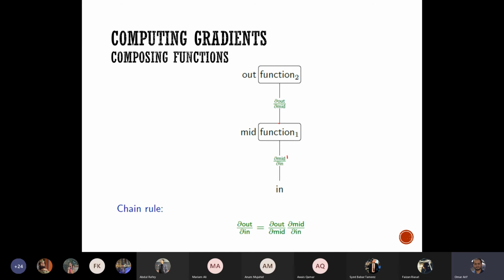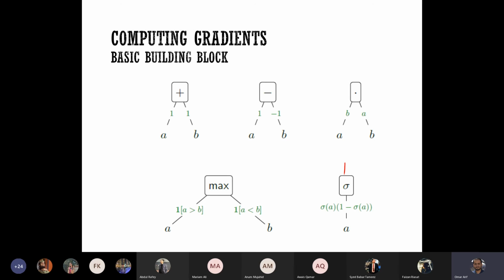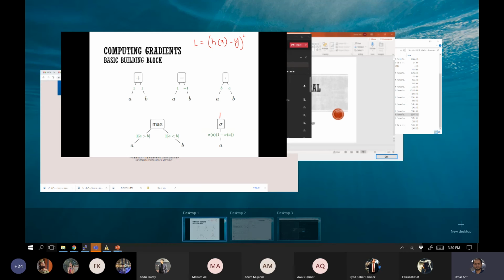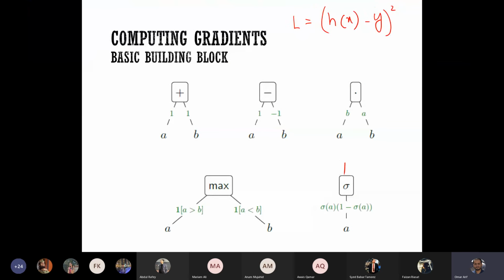For example, let's have an example over here. Let's do that for the case when you have h of x minus y square. This is for linear regression, right? And let's compute the derivative of that, which we already know.